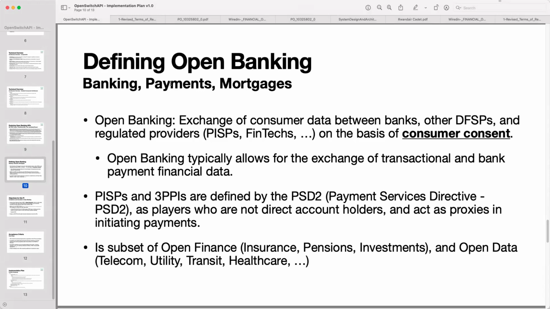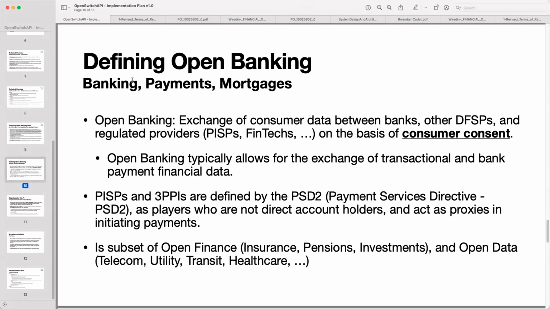So this is basically just our internal slide as a team to try and understand what we are trying to achieve here by clearly first defining what the open banking is. And since there are already some standards out there, there's really no point us trying to re-engineer the wheel.